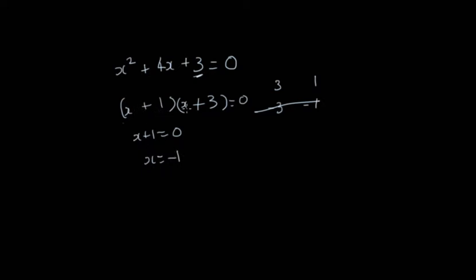If x was minus 1, add 1 is 0, and 0 times the other bit is always going to be 0. So minus 1 is a solution. x plus 3 equals 0, so x equals minus 3 is the other solution. So that is the solution for this quadratic equation.